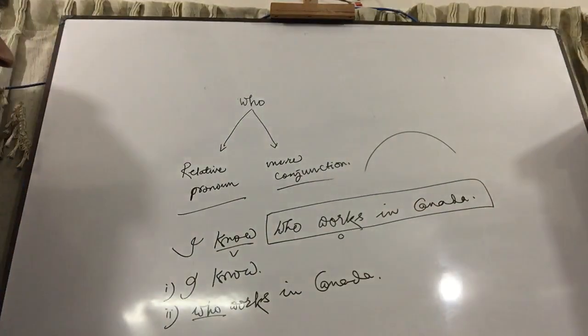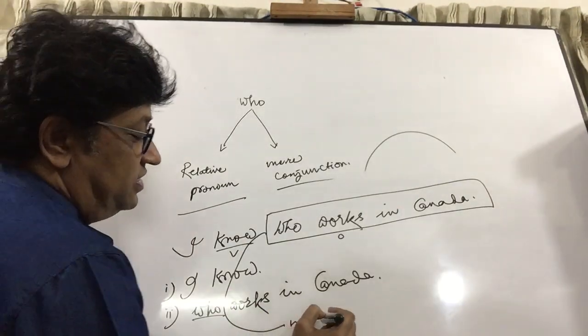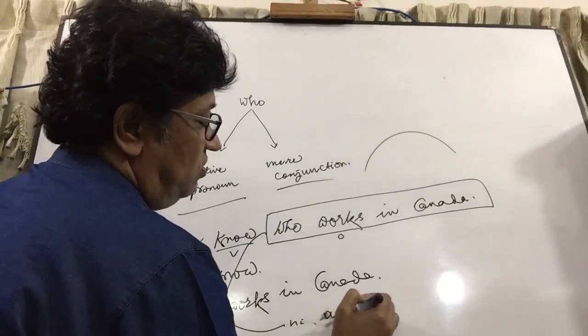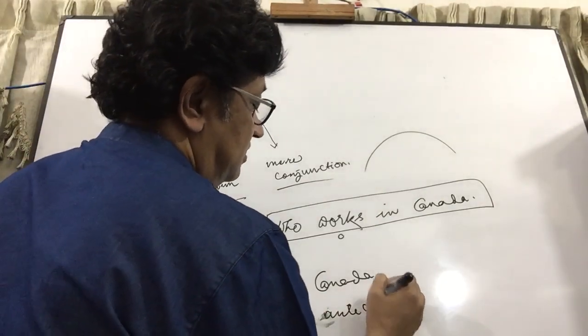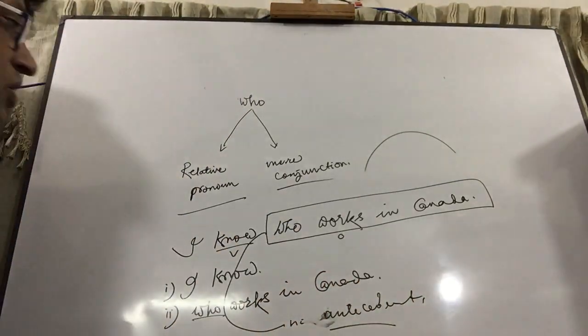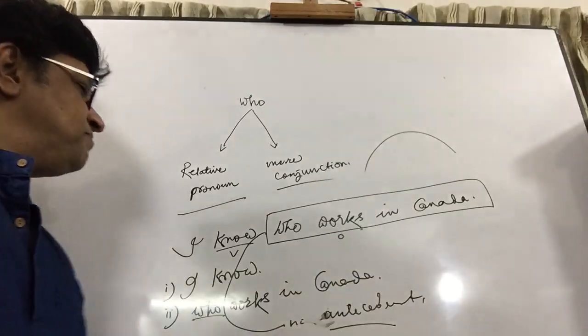It is another form of sentence, and before who there is no antecedent, because there is no noun whose description is given after.